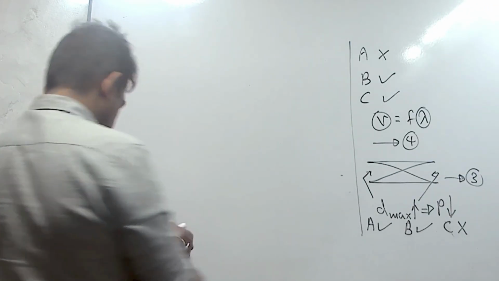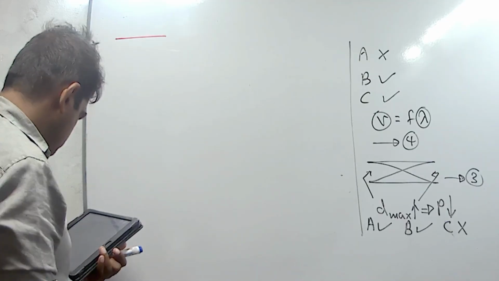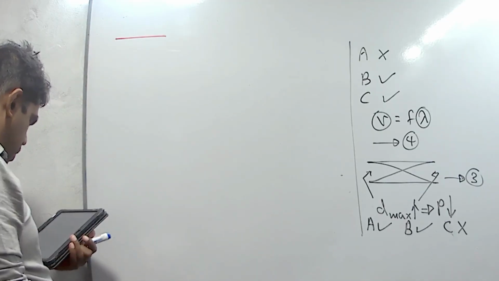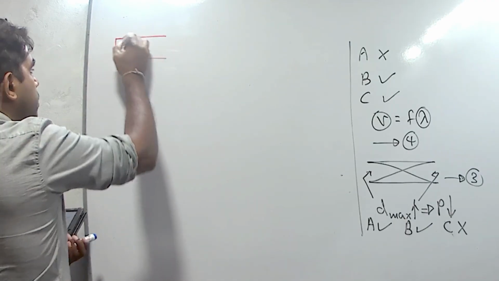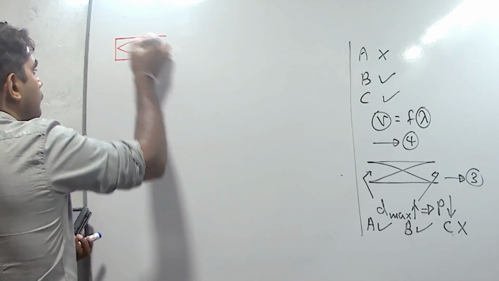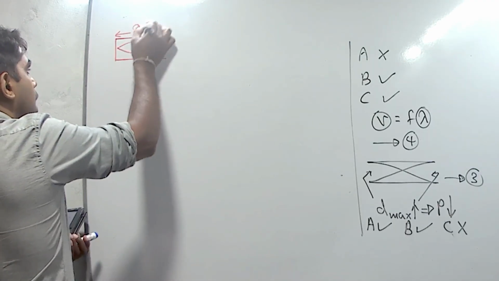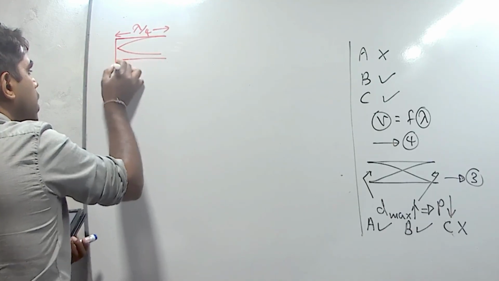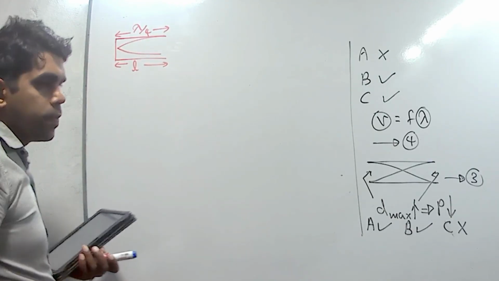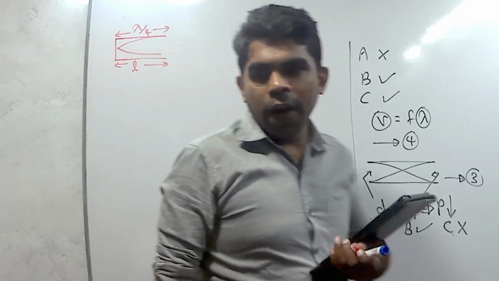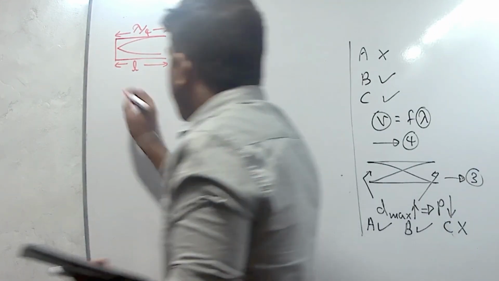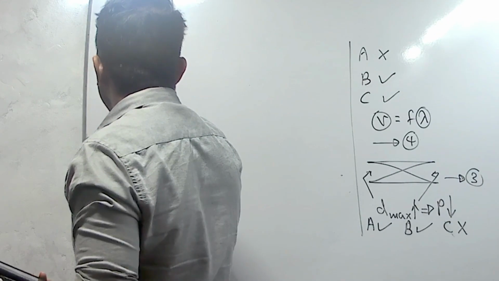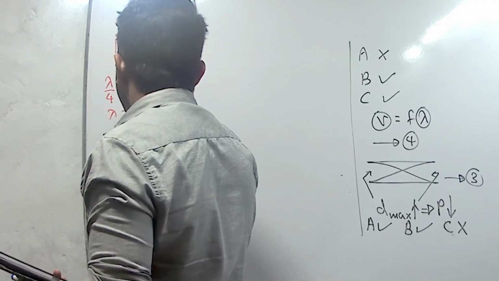Then it is an organ pipe closed at one end. We can consider lambda over 4 equals the length of the tube. It is the fundamental note. Then lambda over 4 equals L, lambda equals 4L.